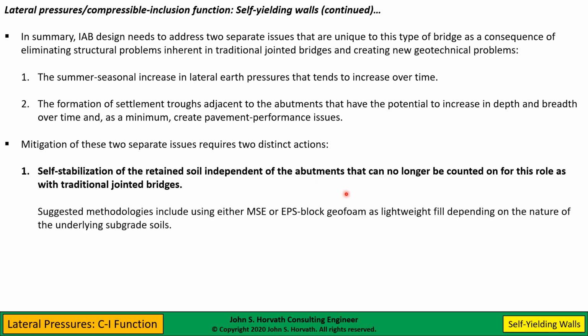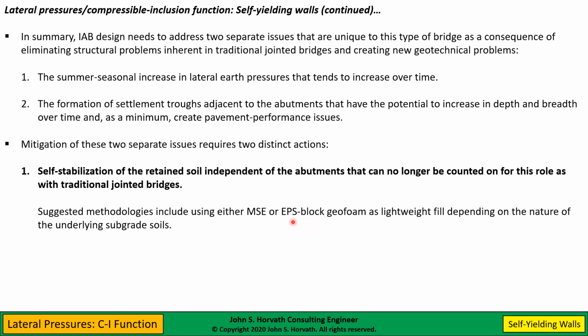And there's two basic strategies to do this that I've come up with. One is to use mechanically stabilized earth reinforcement. And the other is to, instead of having soil, use EPS block geofoam as a lightweight fill. And obviously the MSE is cheaper than the geofoam blocks, but it really depends on the nature of the underlying soils.